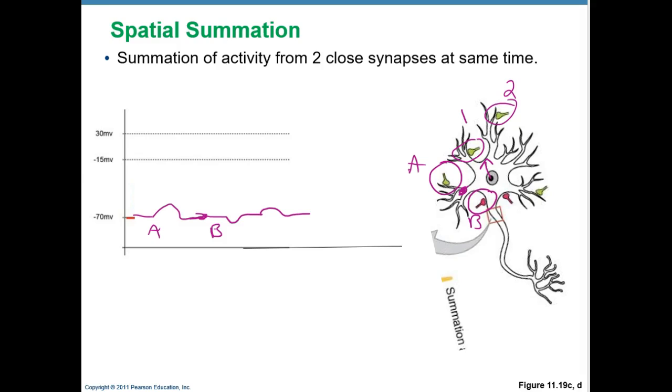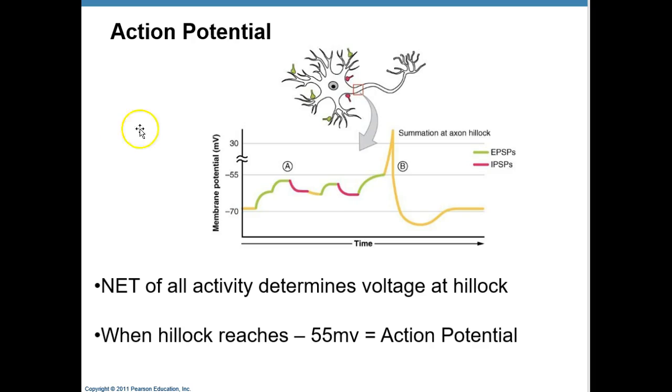And this is what's going on in all of your neurons. You've got multiple synapses on the dendrites and the axons of any given neuron, and any given neuron is receiving some excitatory input and some inhibitory input.